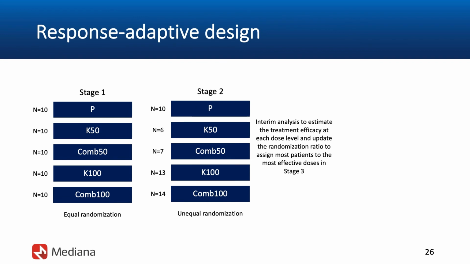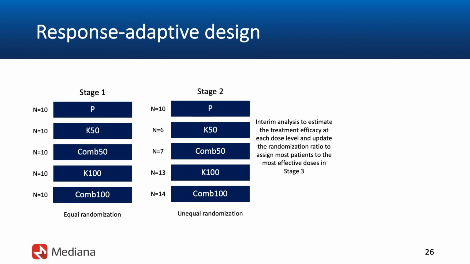And then at the end of this first stage, the interim analysis data would be analyzed to update the randomization ratio to help assign most patients to the most effective doses in the next stage. And as a quick example, we can assume the following unequal randomization scheme.